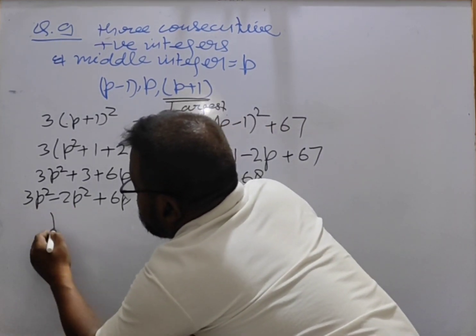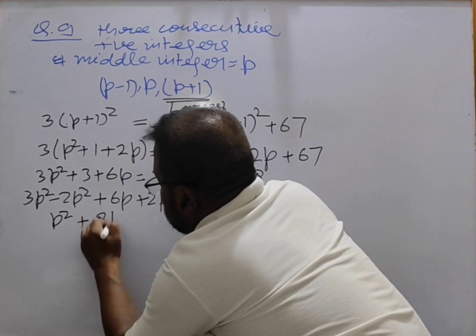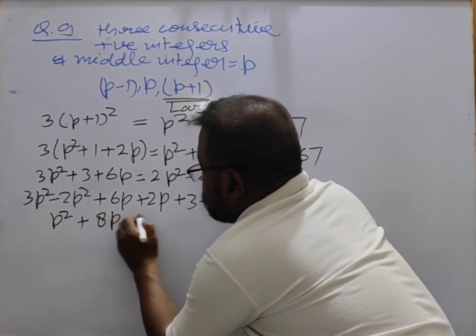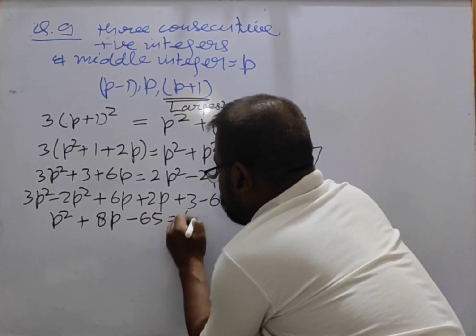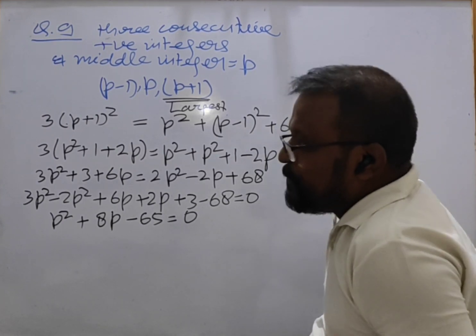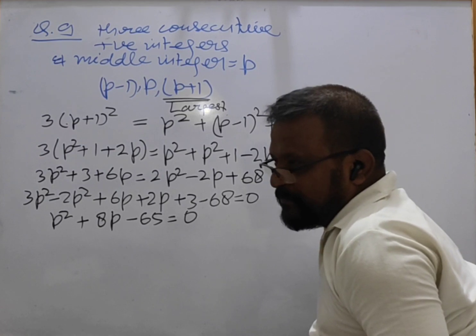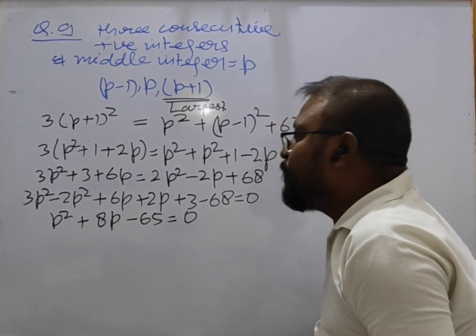So it becomes p square plus 8p minus 65 is equal to 0. Right? 13 fives are 65. 13 minus 5, 8.